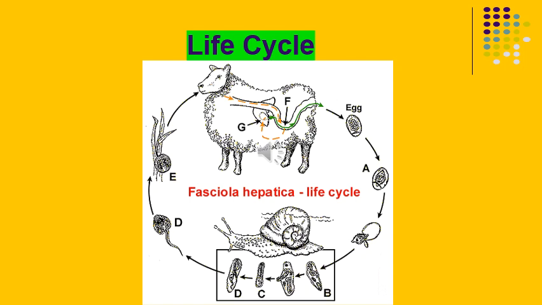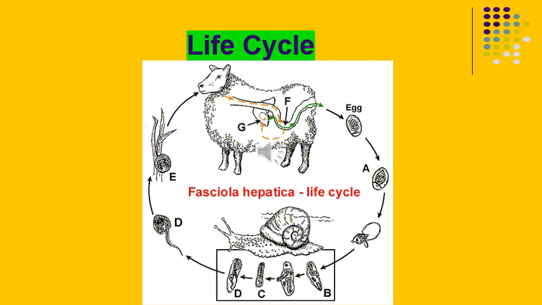In this slide, we are going to show a schematic life cycle of Fasciola hepatica. As you can see, the final host is a sheep, which is infected by this worm in the liver, and the eggs of the worm are released in the bile duct and transferred to the intestine, and the eggs are released with feces into the environment.